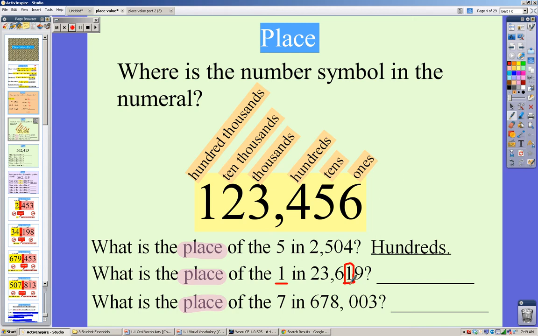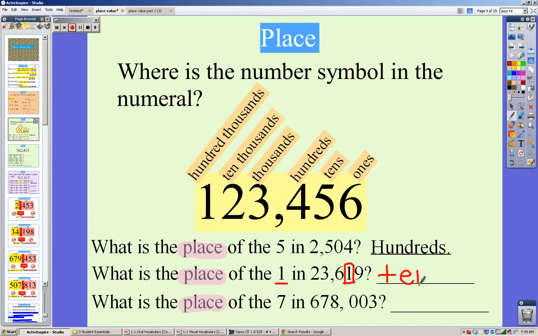That 1, what place value does it hold? Can you find it on this chart? Is it a 1? Is it a 10? Is it 100? 1,000? 10,000? Or 100,000? Well, I look at my chart and I see, okay, this is the second number over, so it is a 10. So I'm going to write tens. It's in the tens place.